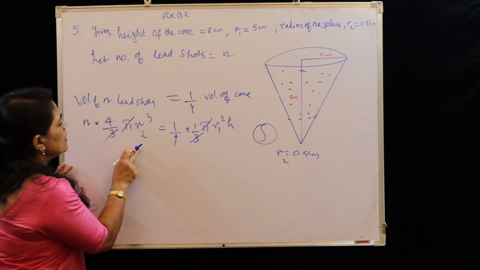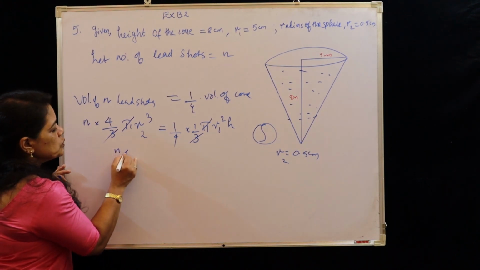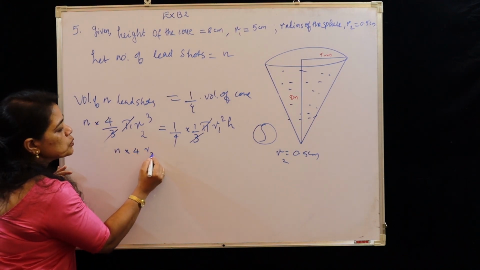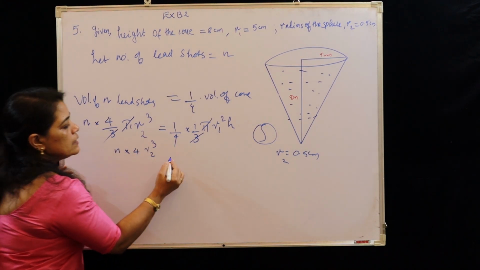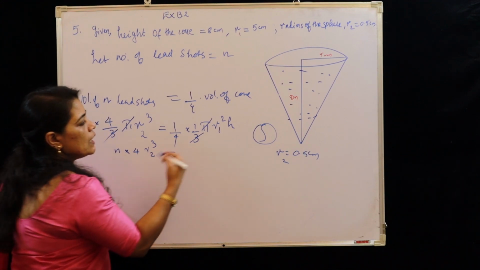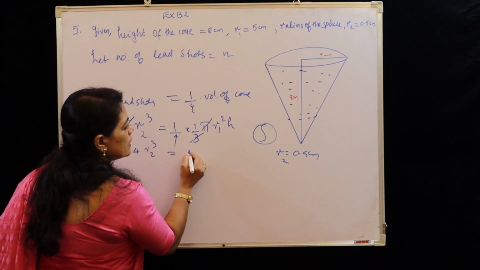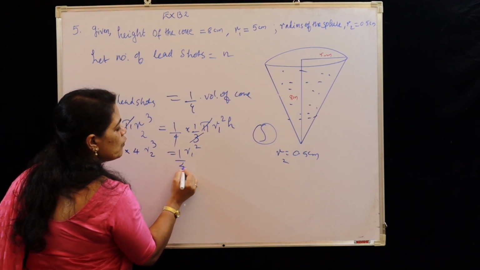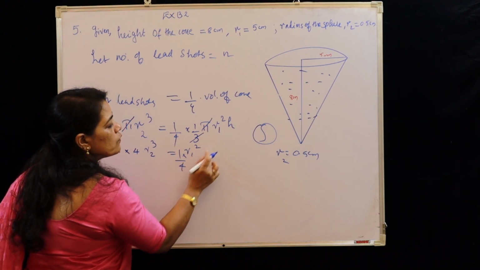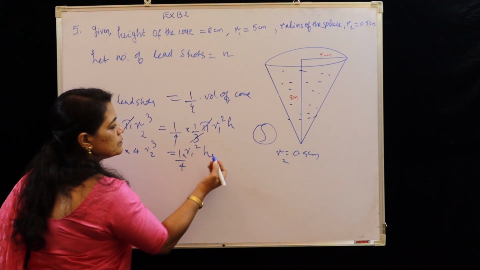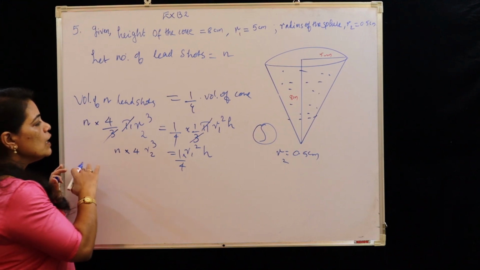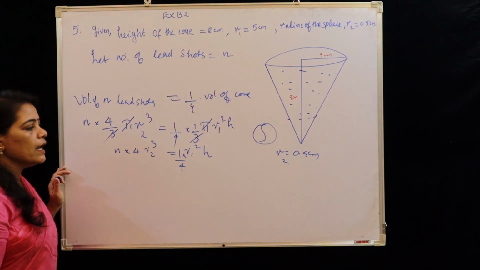The remaining is n into 4 R2 cube on the LHS, equal to 1/4 into R1 square h on the RHS. Pi by 3 is cancelled from both the LHS and RHS.